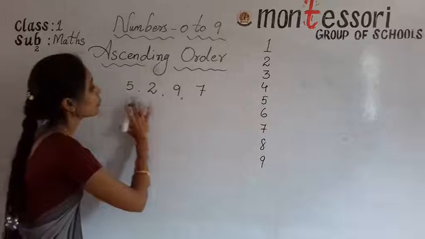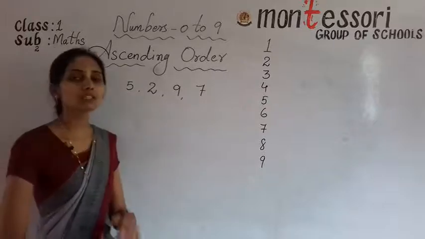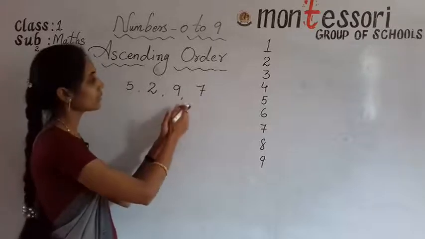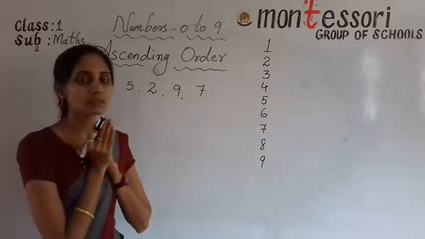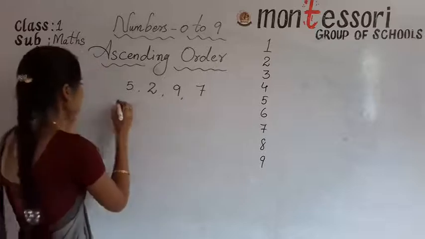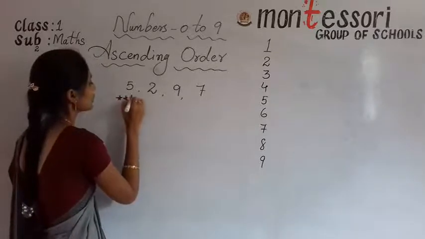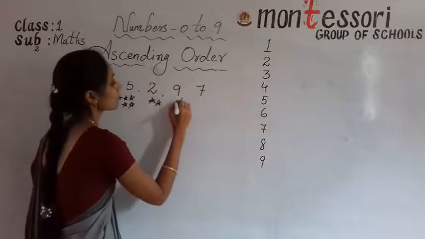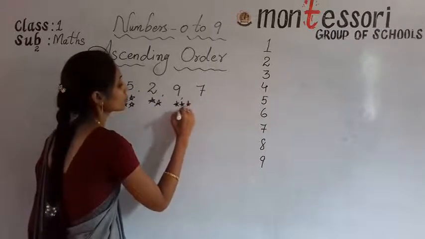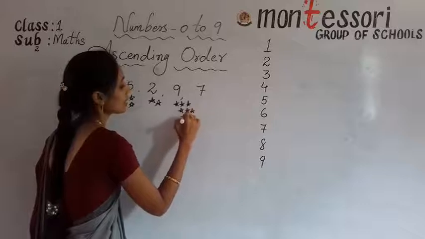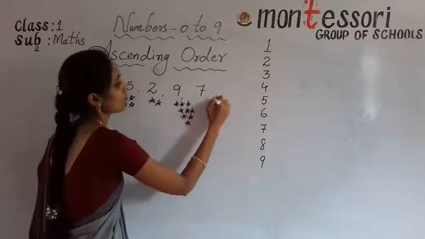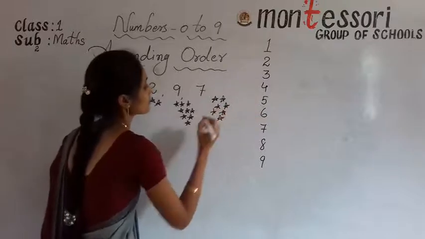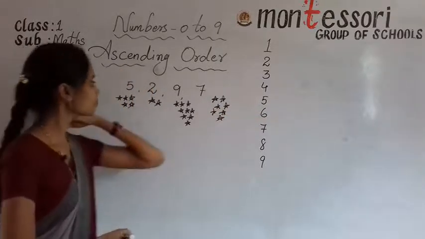Among these four numbers, which is the smallest number? 5, 2, 9, 7. Here the number 5 has 5 stars, here 2, here 9, here 7.